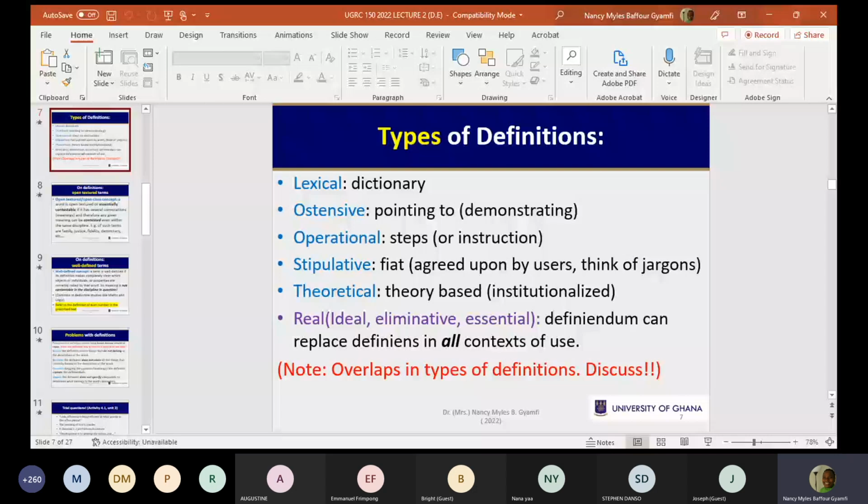The economist speaks technically about it, but that can now be captured and put into a lexicon, for example, or we can all use it stipulatively. So one definition can play several roles. It can be lexical now and operational then, what have you, but its origin matters. That's why I use the theoretical one to make the case that when you say water is H2O, you can never call it lexical. It is a theoretical definition that has found itself in a lexicon.